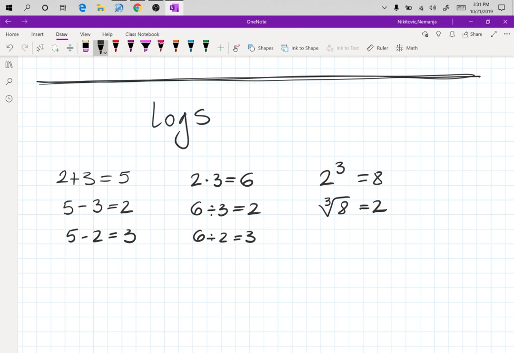How do I get 3? Yes. Log base 2 of 8 is 3.